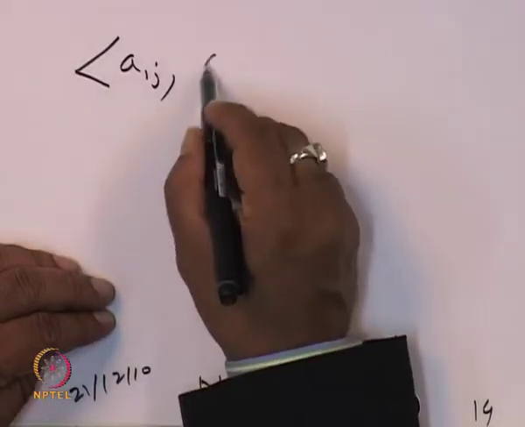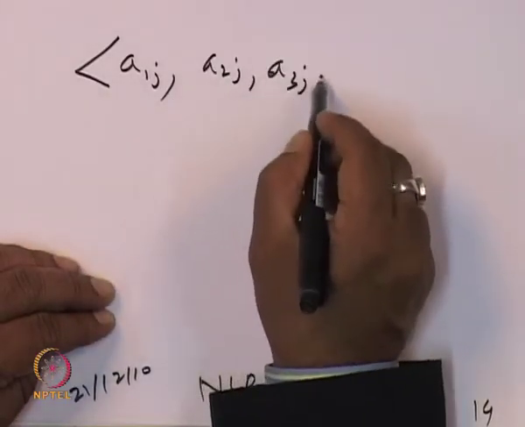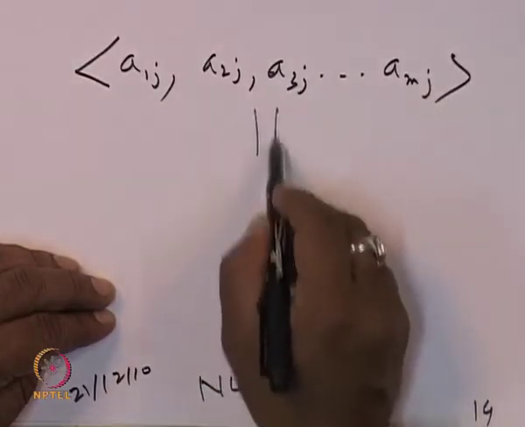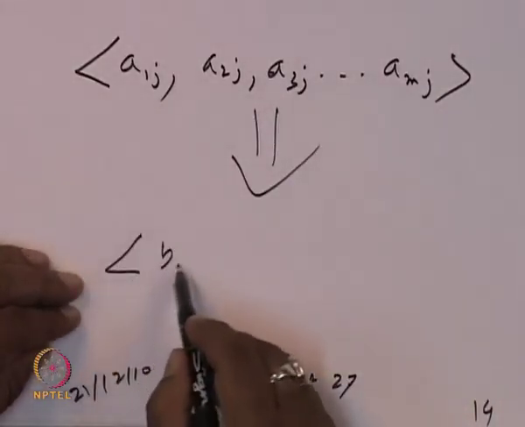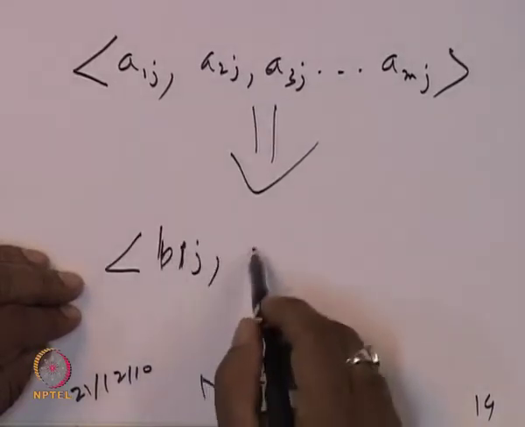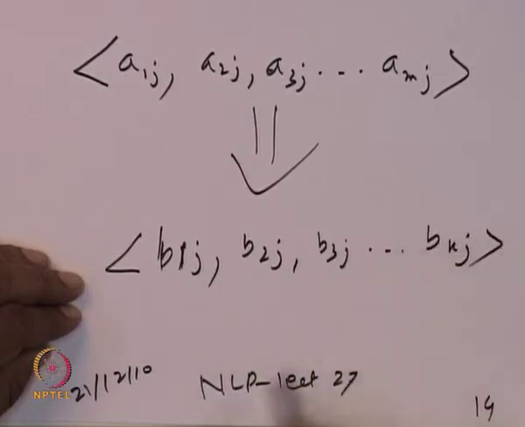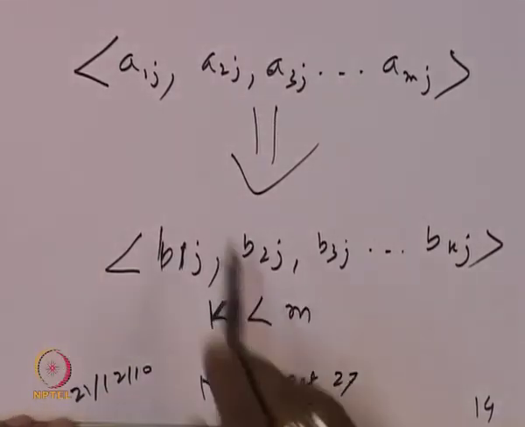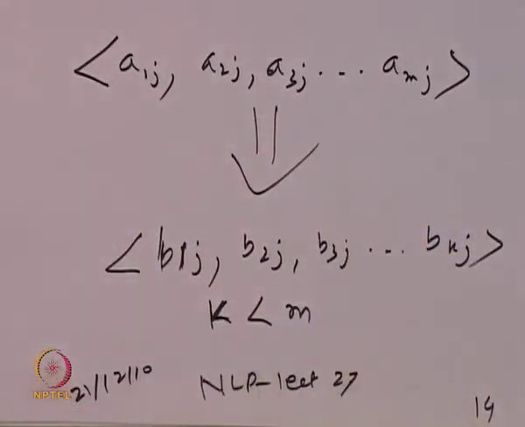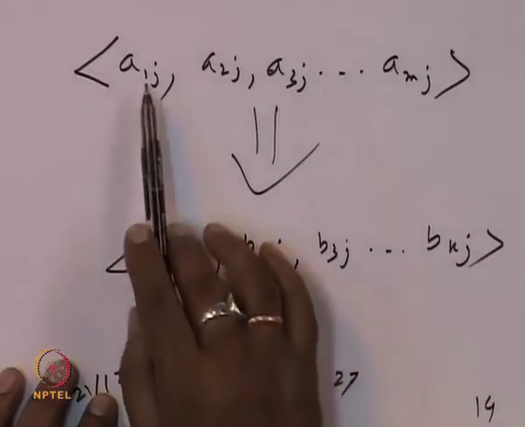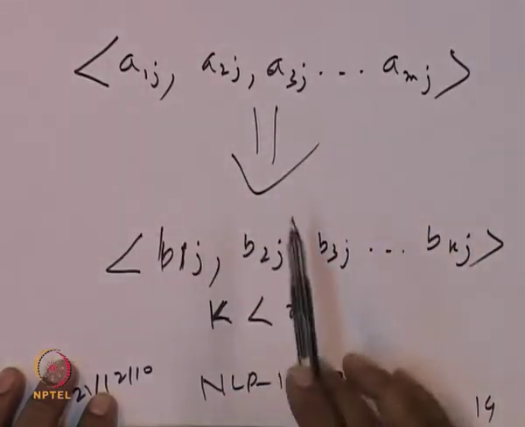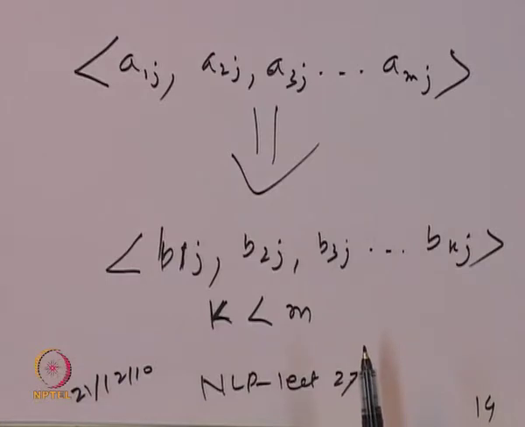What it means is that the document which was A1j, A2j, A3j up to Amj, can it be reduced to a reduced document B1j, B2j, B3j up to Bkj, where k is less than m? This is the formulation of the problem. Can we reduce this document vector to a reduced vector, going from the space of A's to B's? This is the dimensionality reduction question for the document.